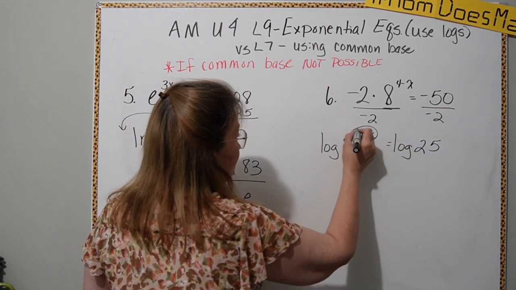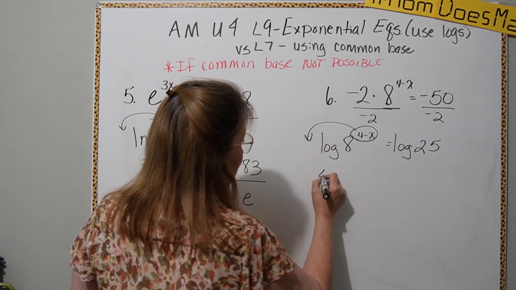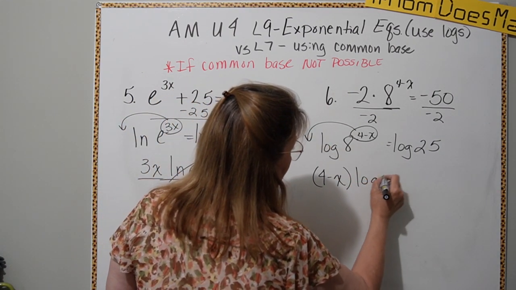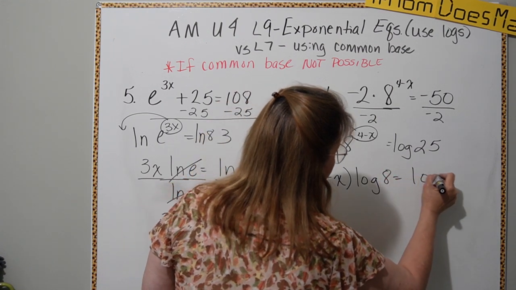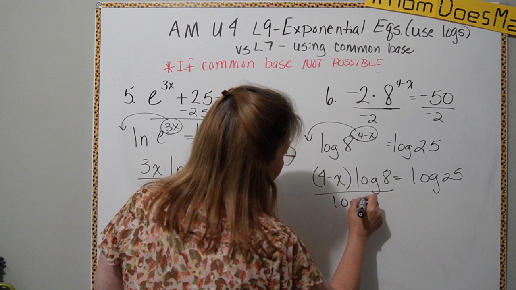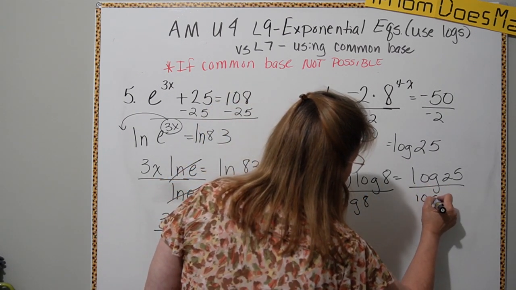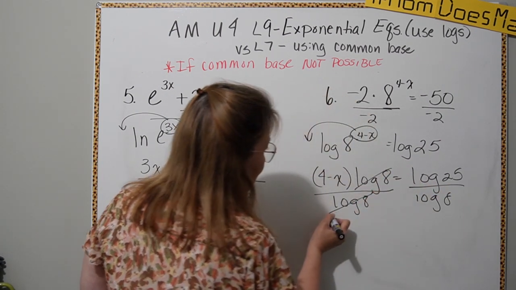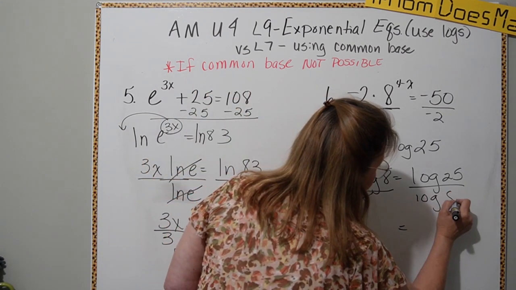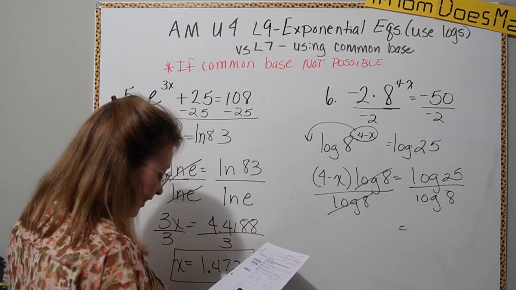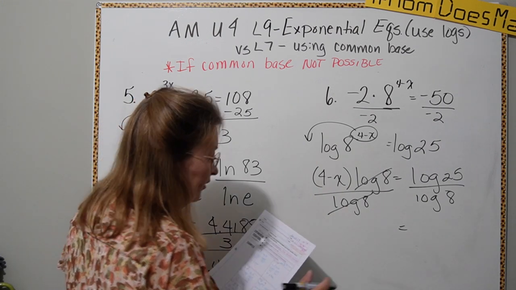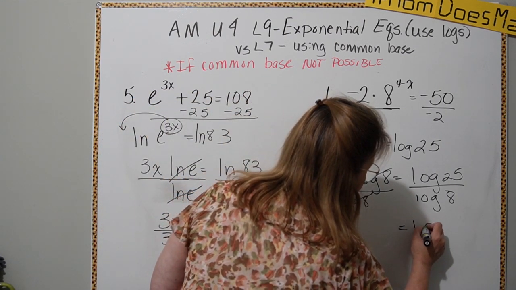I'm going to take this exponent and whip it around so that now I have 4 minus x times log 8 is equal to log 25. Divide both sides by log of 8. These two cancel. This is a number, and if you punch this into your calculator, it is going to tell you that that is 1.5480.